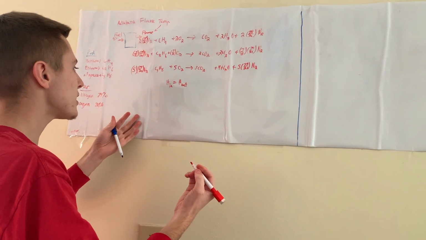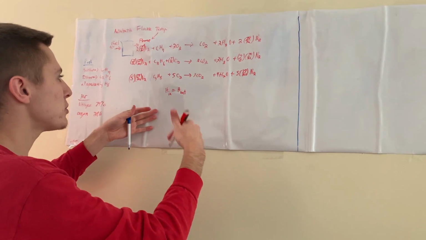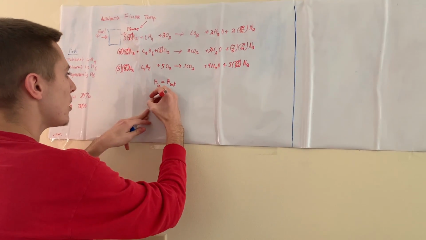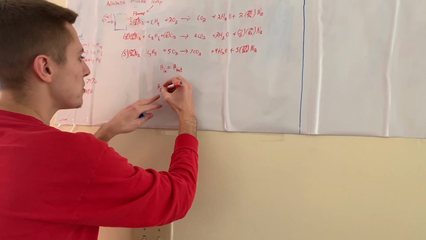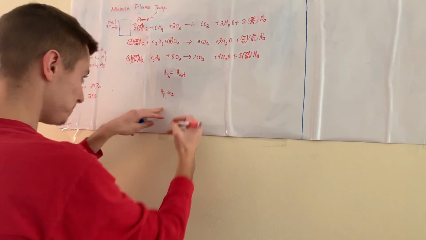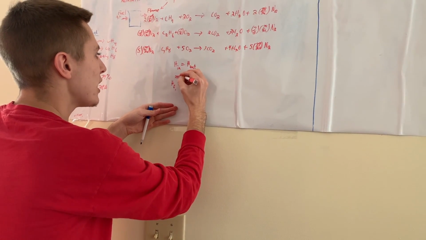So we're going to be doing heat of formation for all these compounds, but just for representation, let's say we're looking for the heat of formation of CO2, at a certain temperature of 298 kelvins, like I said before.